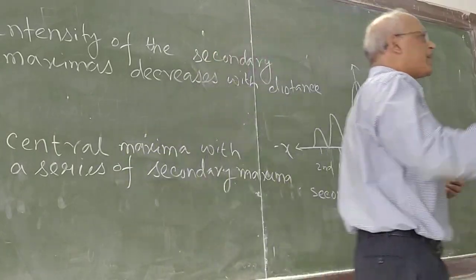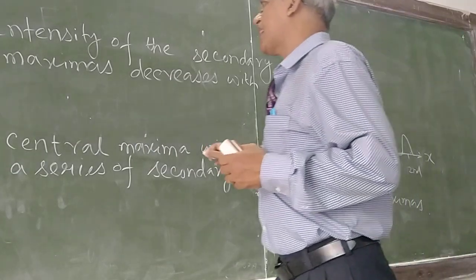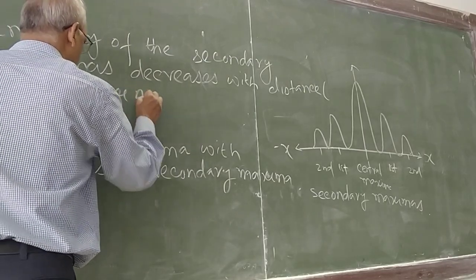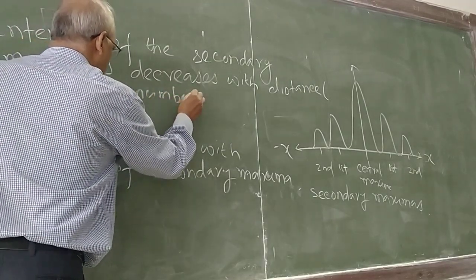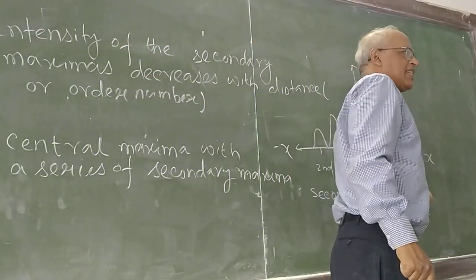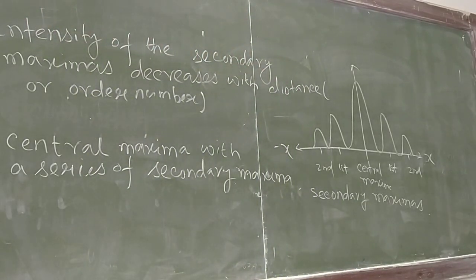You are searching, moving along the x-axis, right? So intensity decreases as x increases, or with the order number. This side also, first order, second order. It is exactly symmetric, you get a mirror image. The second point is clear. Third point.